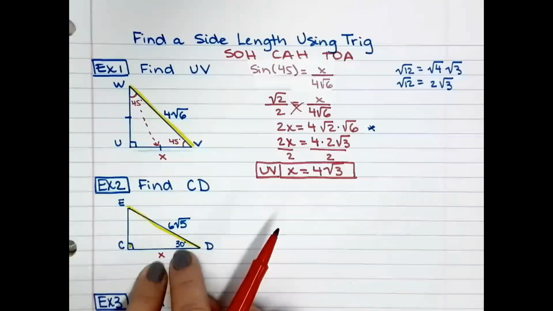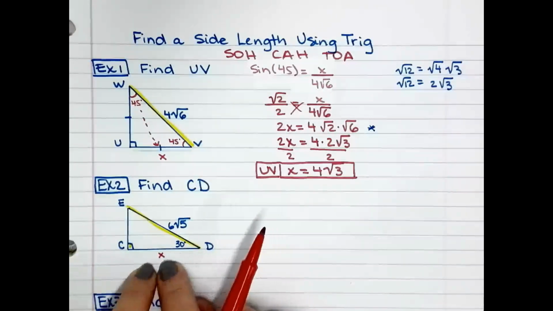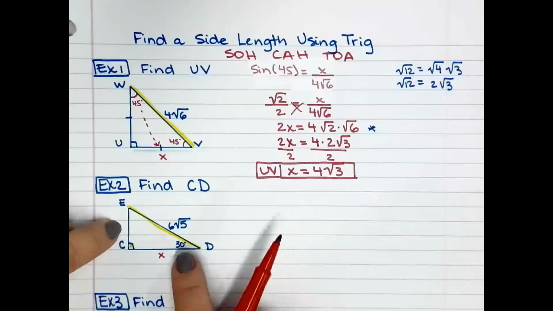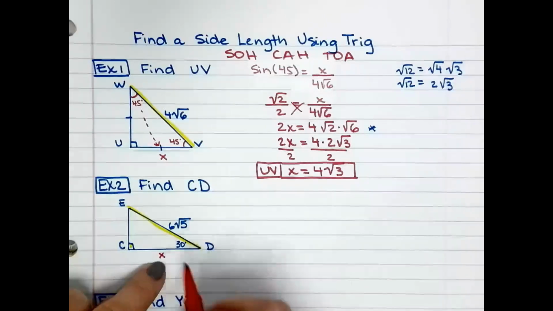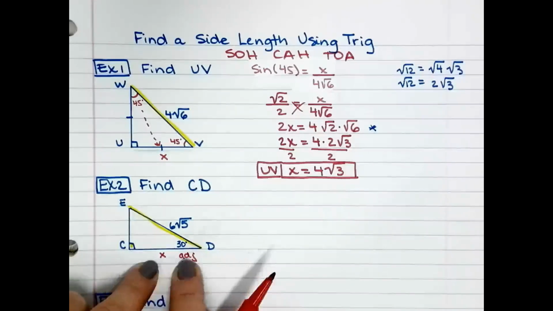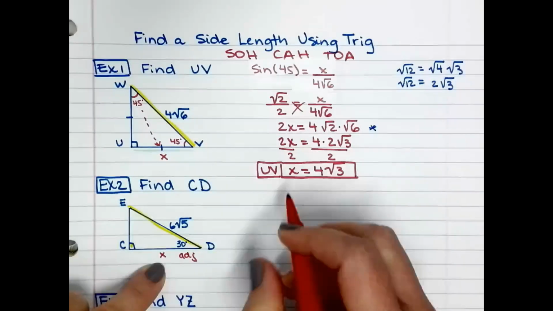Here I have the side across from 30, but I don't have anything there, so I'm not going to use sine. But right here, adjacent to 30 degrees, I have the side that I'm looking for. So I'll go ahead and use cosine in this question.